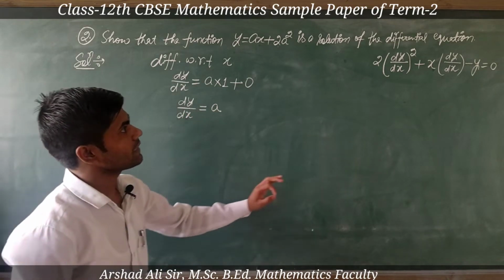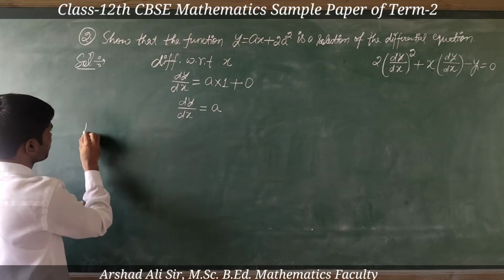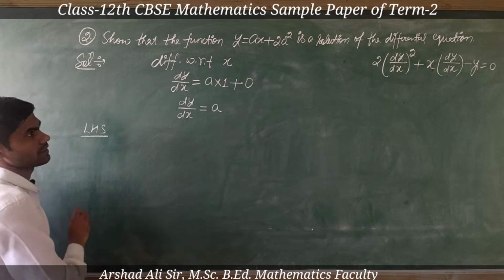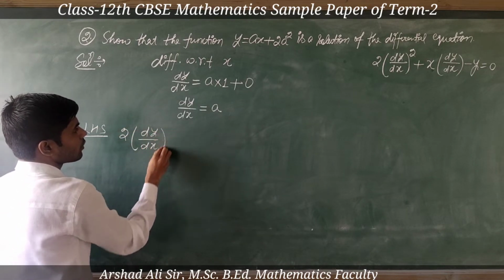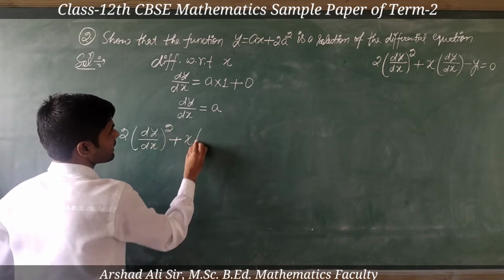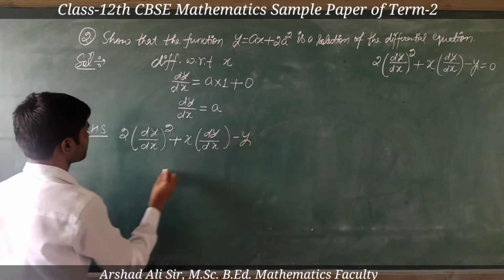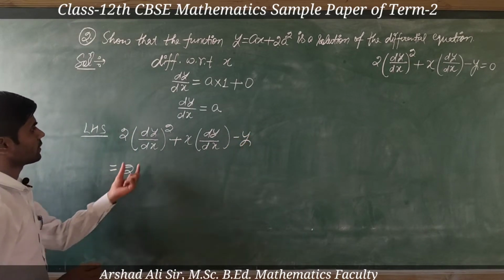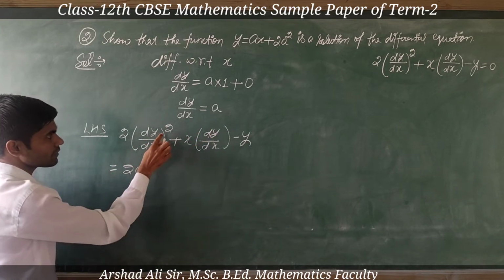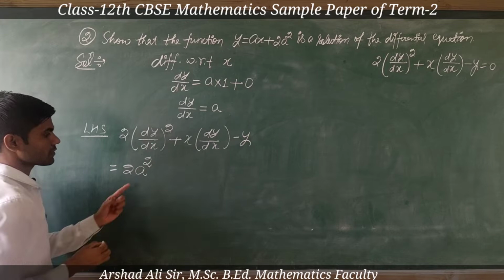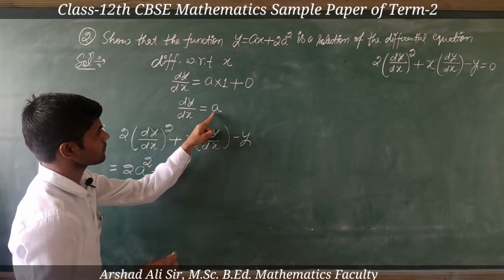Now we will take the left side; the answer should be 0, that is the right side. So we are taking the left hand side: 2(dy/dx)² + x(dy/dx) - y. 2 multiplied by the value of dy/dx, a, but here we have a square, so we take a square, plus x into the value of dy/dx, which is a.